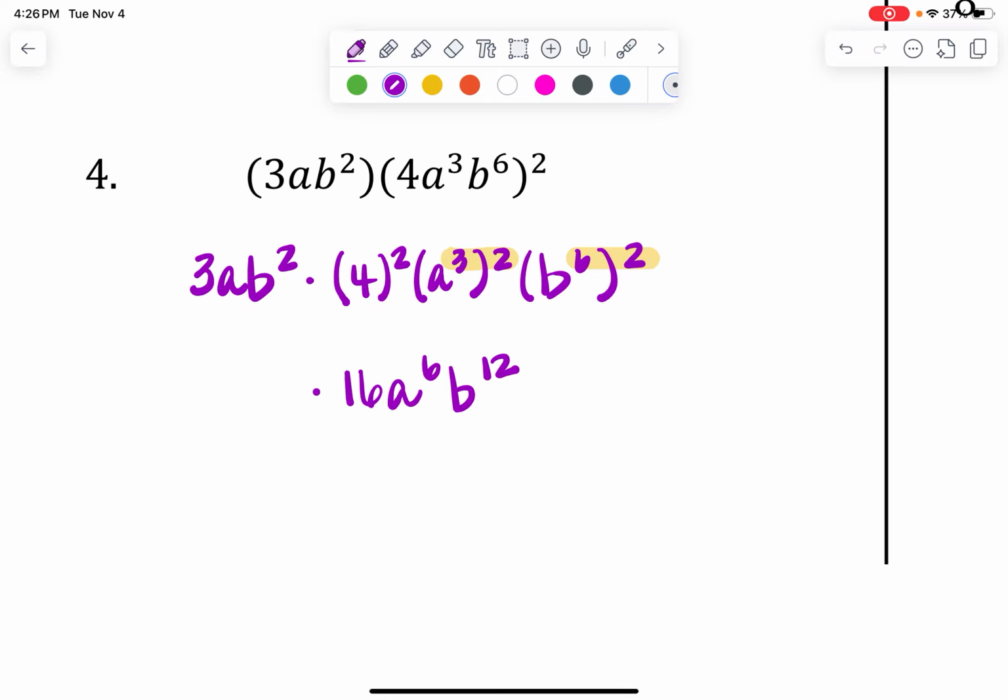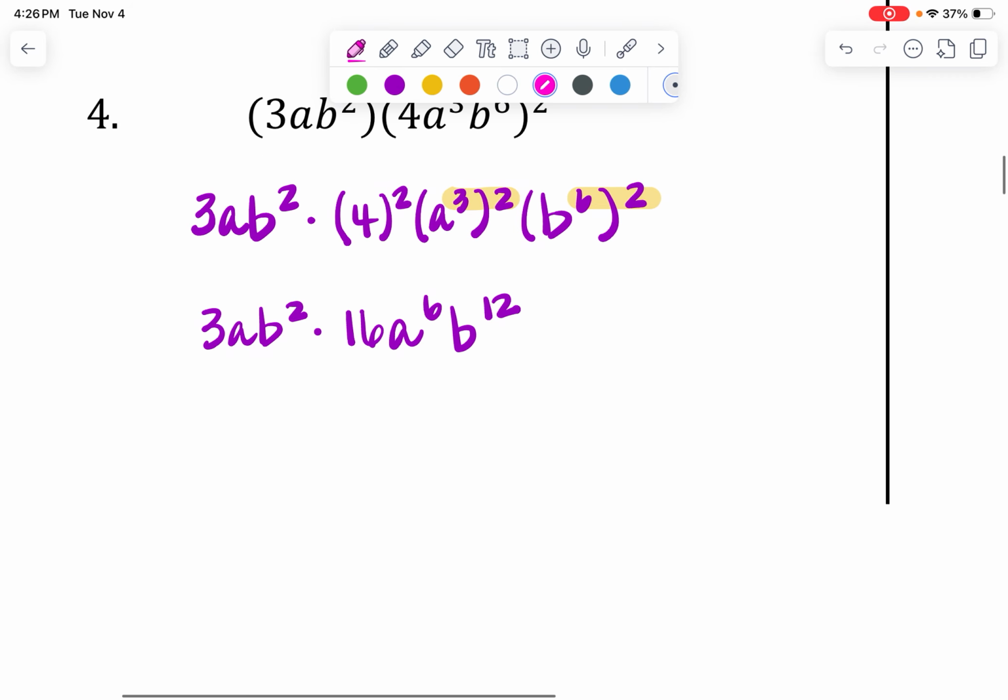So we got rid of all those parentheses, and now I'm going to bring down that 3ab squared from the beginning. And now I'm just going to do this multiplication problem. We can multiply numbers times numbers, so 3 times 16 gives us 48.